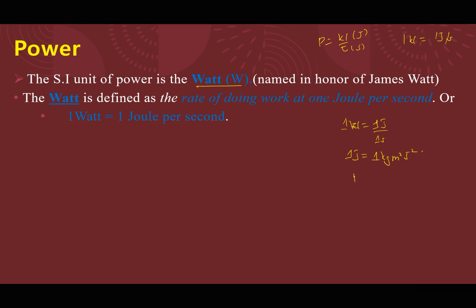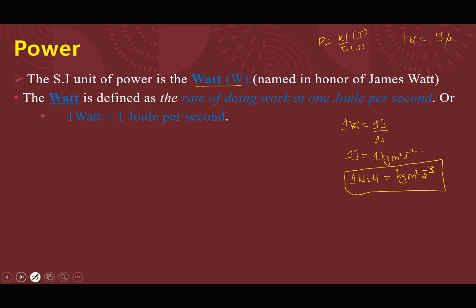So 1 watt is the same as 1 kilogram meter squared per second squared divided by second. It becomes kilogram meter squared per second cubed. So the watt in base units is kilogram meters squared per second cubed, or we divide the base units of work by s so that we get s to the power minus 3.